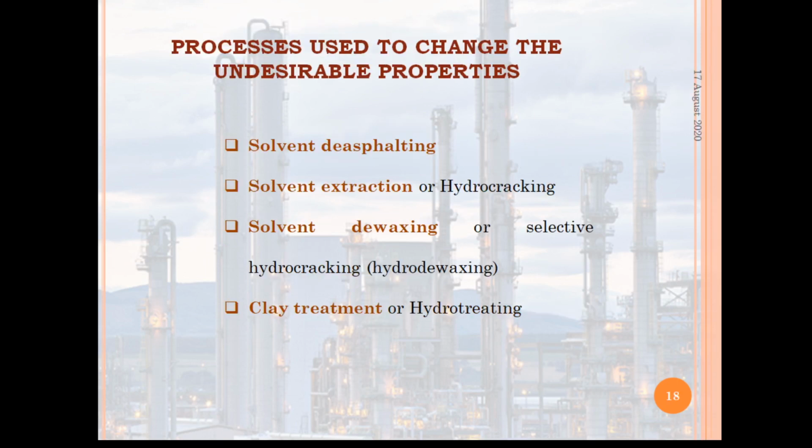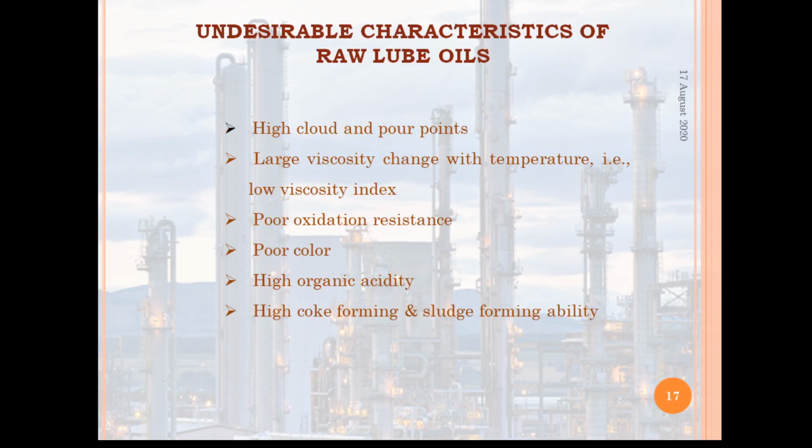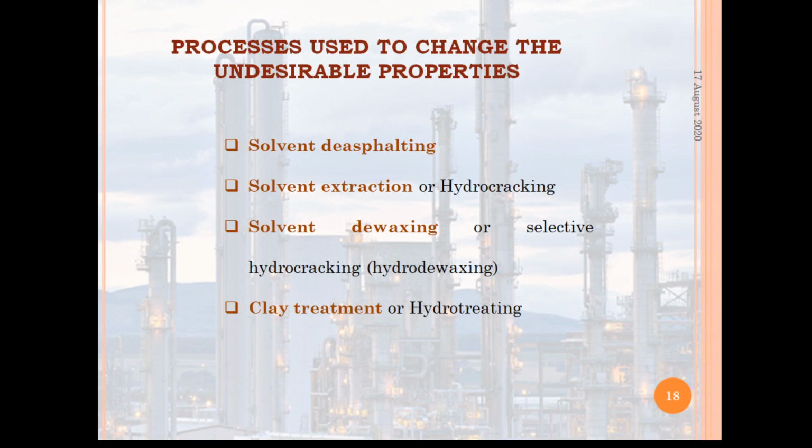Now, what are the processes used to change these undesirable properties? Because we have these undesirable characteristics in the raw crude oil, we need to reduce them by some process. These are the solvent deasphalting process, solvent extraction or hydrocracking, solvent dewaxing, or selective hydrocracking or hydro dewaxing, and the clay treatment process.